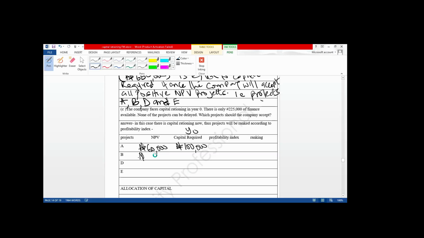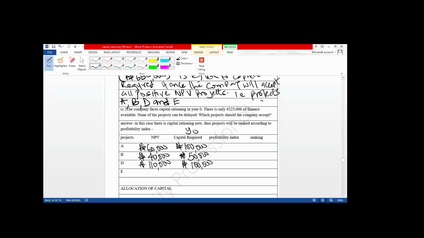NPV of project D, 110,000. Capital required for project D, 100,000. NPV of project E, 40,000. Capital required, 200,000.